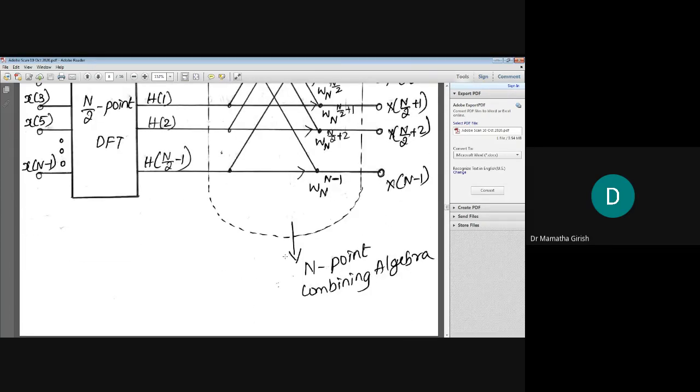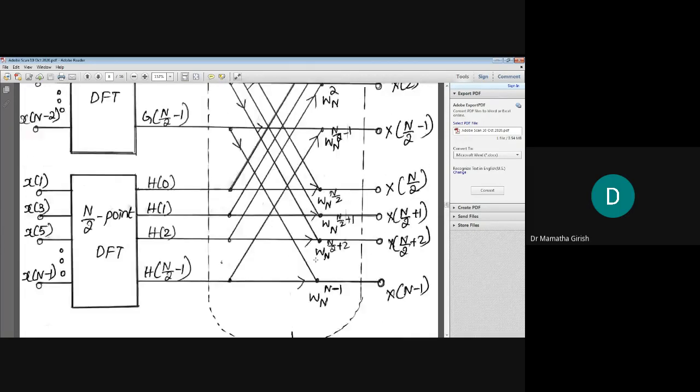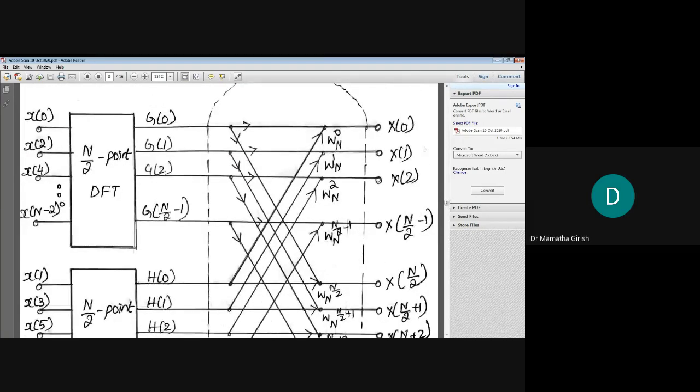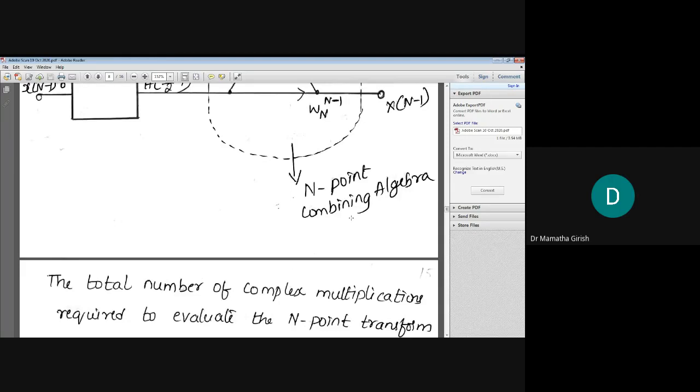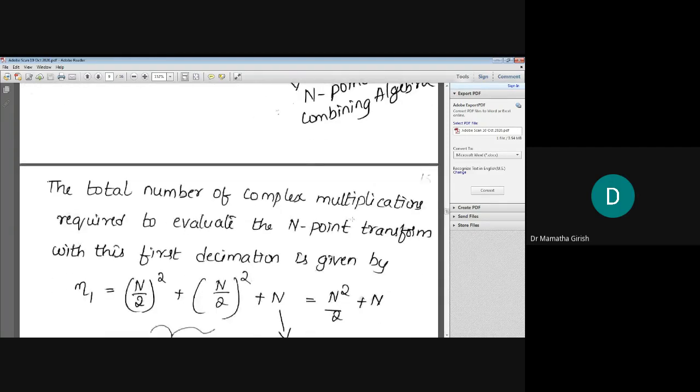It is called N-point combining algebra because I'm doing this for how many terms? For all the N terms, starting from 0 till N minus 1, I'm doing this N times. N times I'm using this algebraic operation, hence the name N-point combining algebra. Now, the point of interest is, how many complex multiplications are involved?